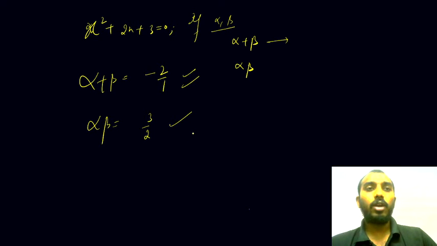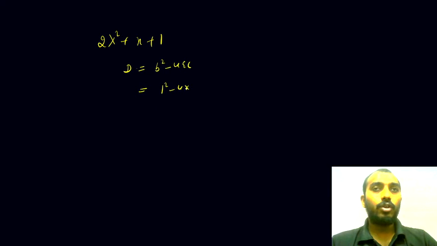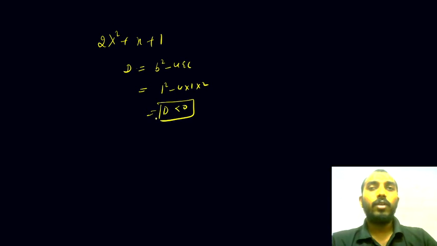Just find for 2x square plus x plus 1 the sum of roots and the product of roots. Someone may try to find the roots using the discriminant formula and then add them up. Then d equals b square minus 4ac, so b is 1 minus 4 into 1 into 2. So the value of d becomes less than 0.